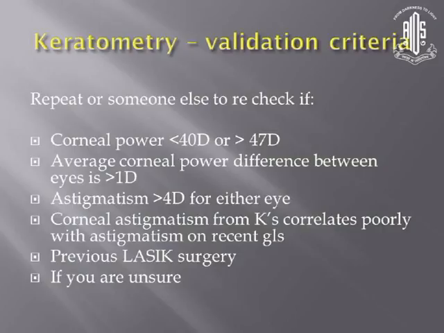If the corneal power is less than 40 diopters or more than 47 diopters, if the average difference of corneal power between two eyes is more than a diopter, if the astigmatism is more than 4 diopters, or if the astigmatism is correlating poorly with the refraction, you have a previous refractive surgery eye, or if you are not sure of the measurements, it doesn't make any point in being unsure and then entering those values into your IOL power calculation.